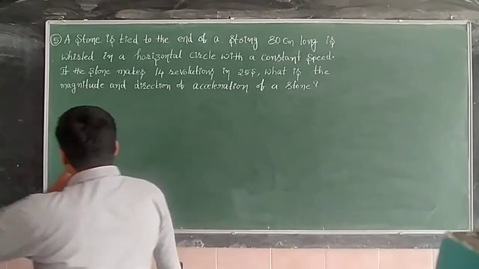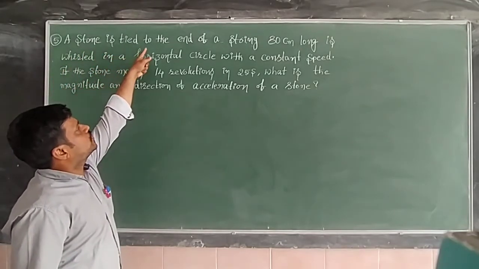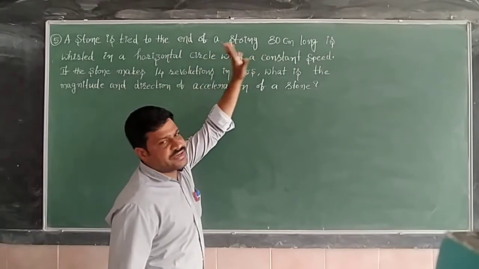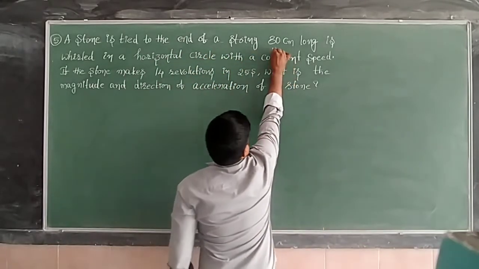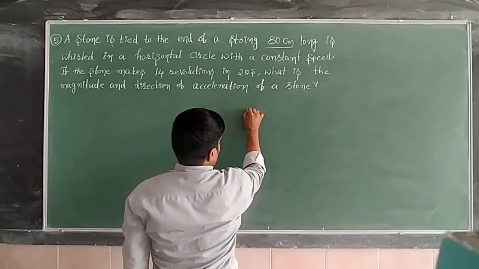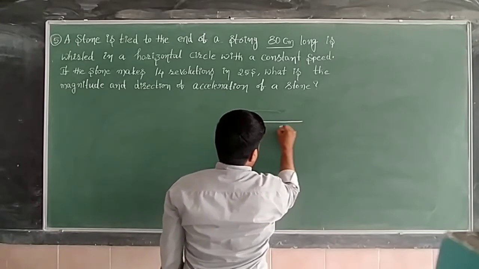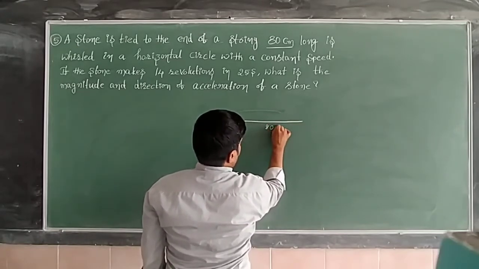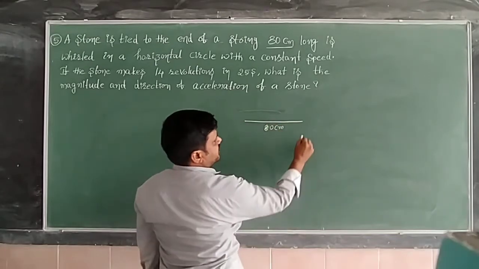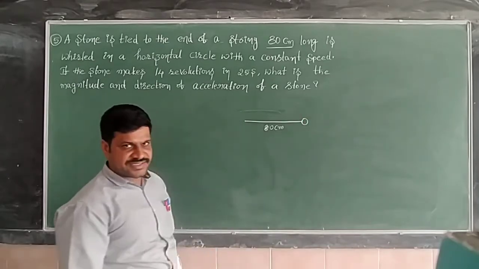Now see here, a stone is tied to the end of a string of 80 centimeters long. The string is 80 centimeters long, and to this string one stone is tied like this.